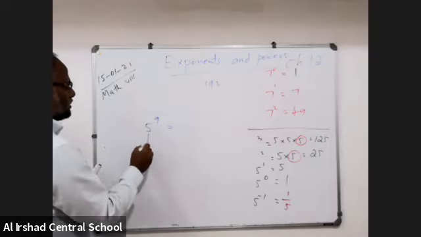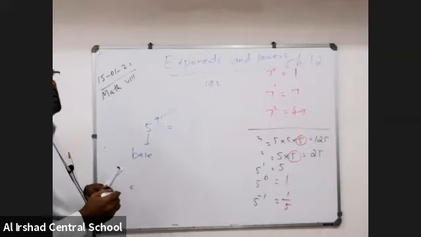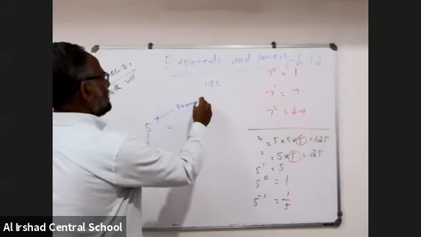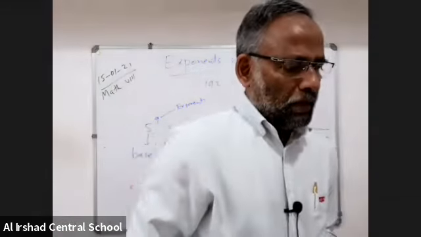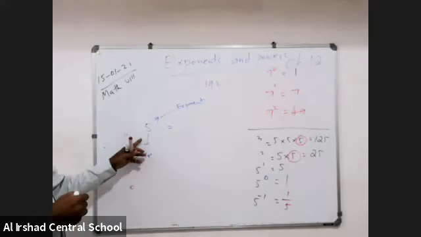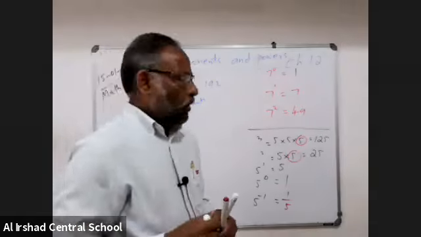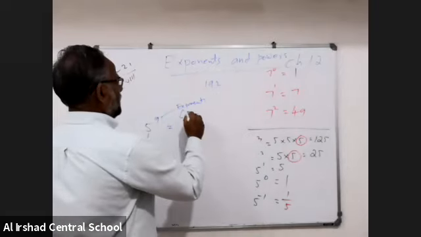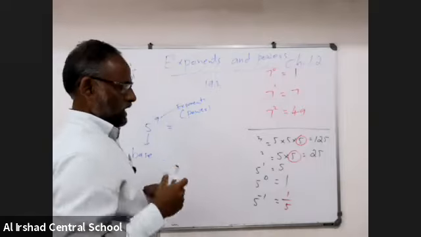Now this 5 is called the base and this 9 is called the power, the exponent. It is class 7, exponents and power. Mark 5 to the power of 9. Here 5 is the base and 9 is the exponent or power. It doesn't matter, power, strong, powerful, in the book you can see 5 raised to 9.